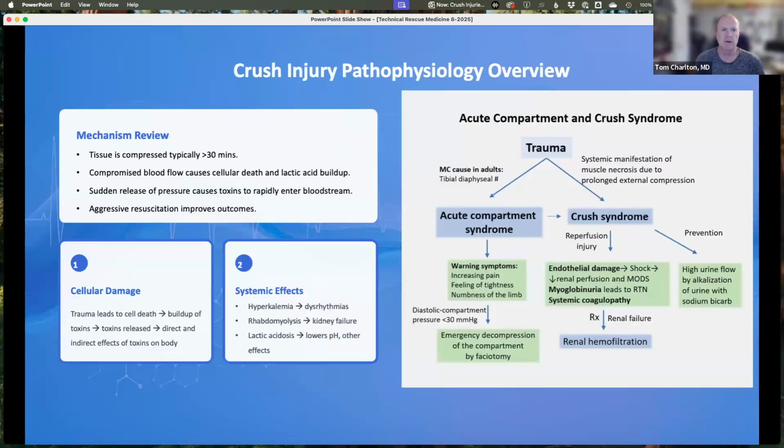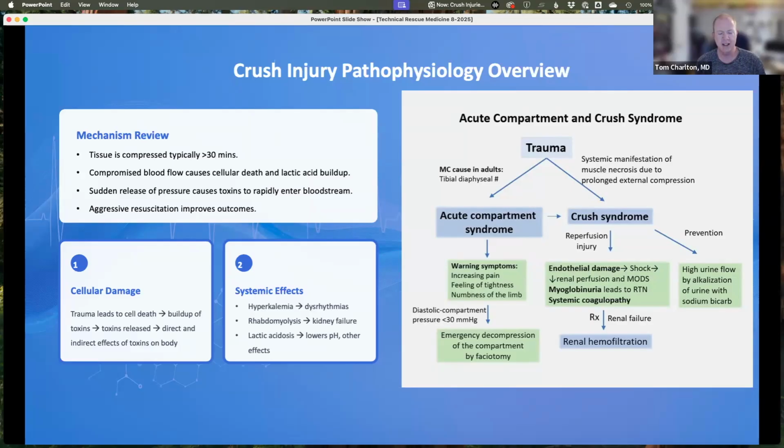So let's talk real quickly about crush injuries. The reason I'm starting with this is because we can see this in a bunch of the different types of technical rescues that we may encounter. With crush injury, it's typically a combination of both ischemia as well as the actual crush itself causing cellular death.